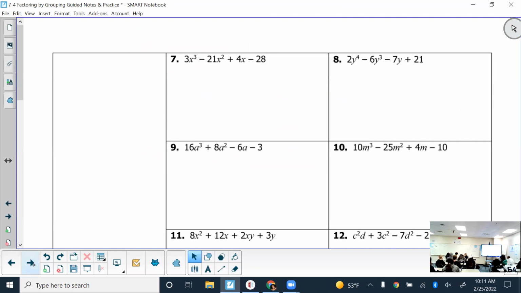So let's look at number 8. Group similar terms together. I'd say that these are similar, and then the last 2 are similar. So what would be the next step after grouping them?